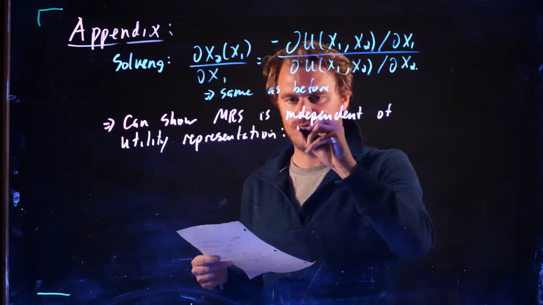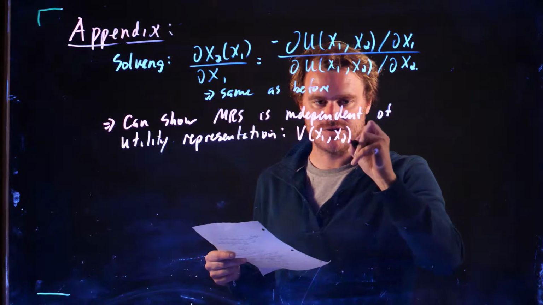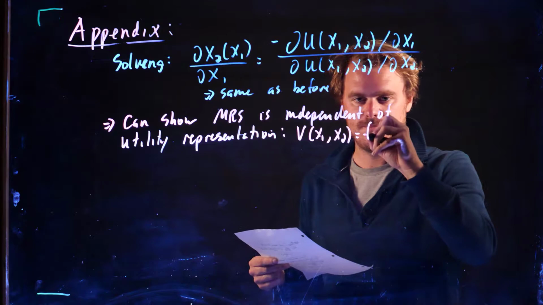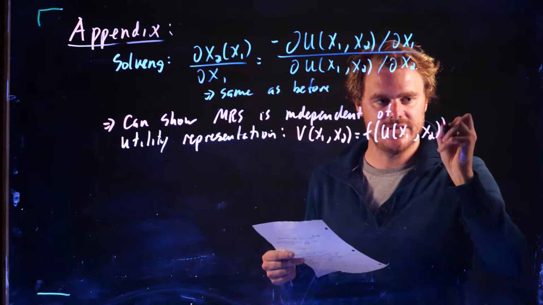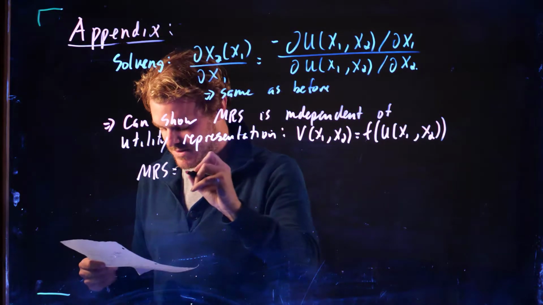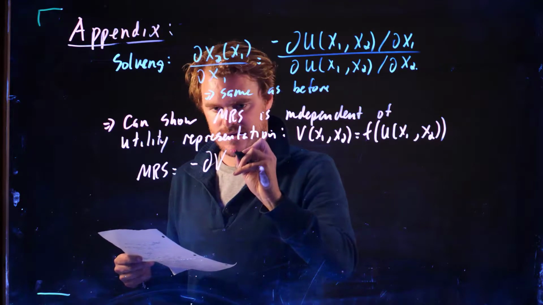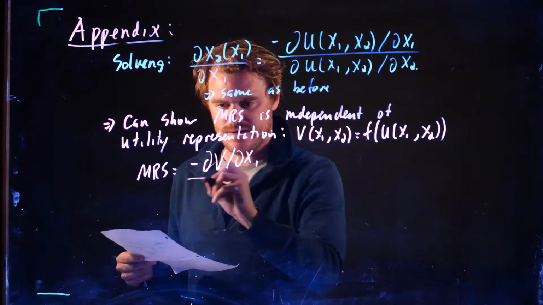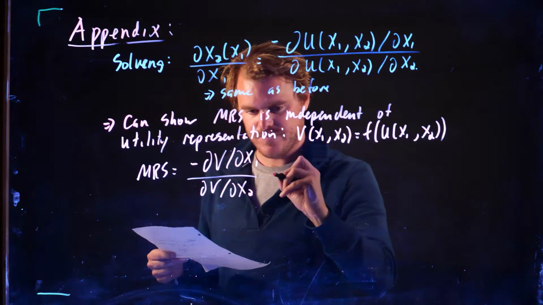So for example, if we had some function v of x1, x2, which is just some monotonic transformation of this original utility function, then the MRS is minus the derivative of v with respect to x1 over the derivative of v with respect to x2.